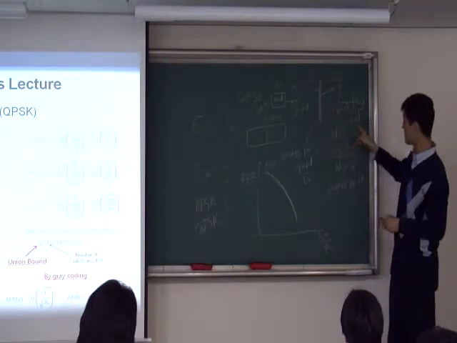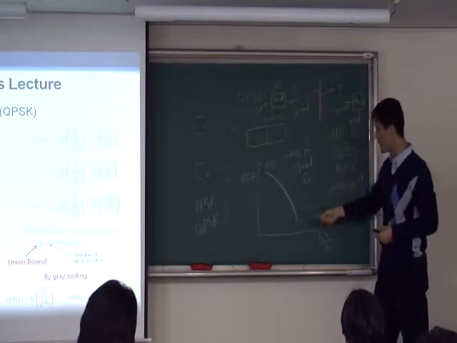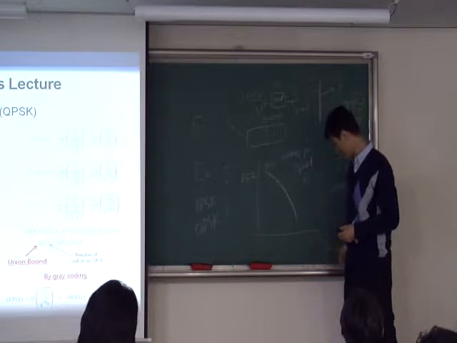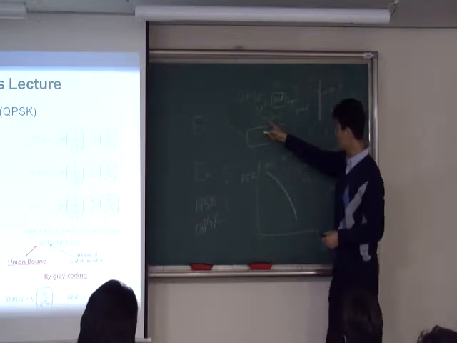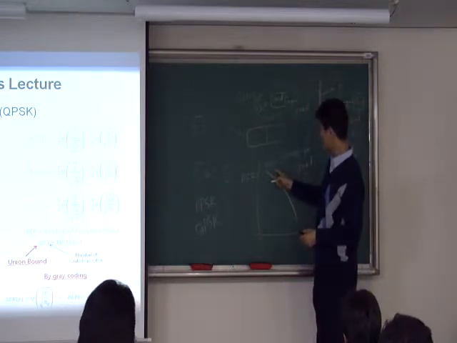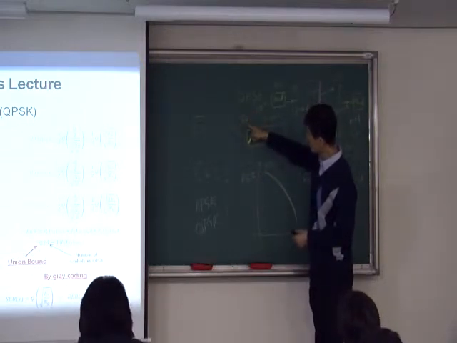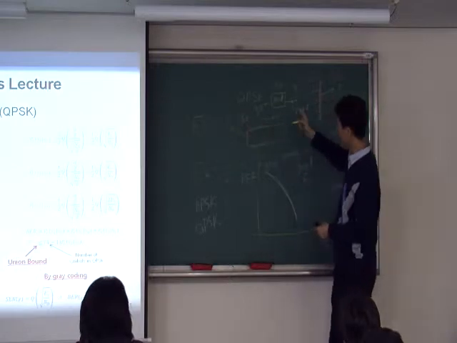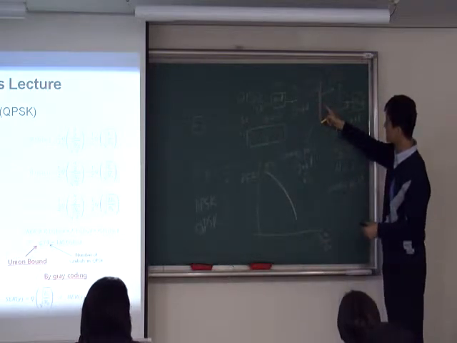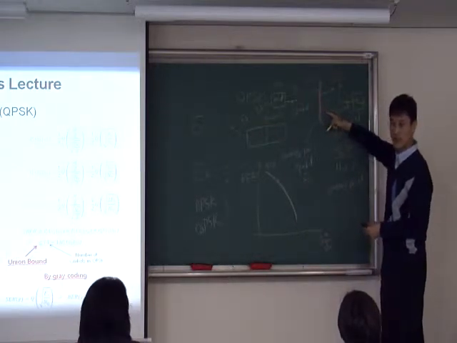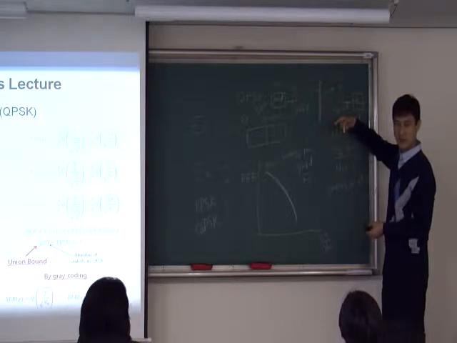Why is that? Because I fixed the Eb. In order to make a comparison this way, I use, let's say, the Eb in the BPSK, and I use the same Eb for QPSK. That corresponds to a double SNR right here in the case of QPSK. You see what I'm saying?